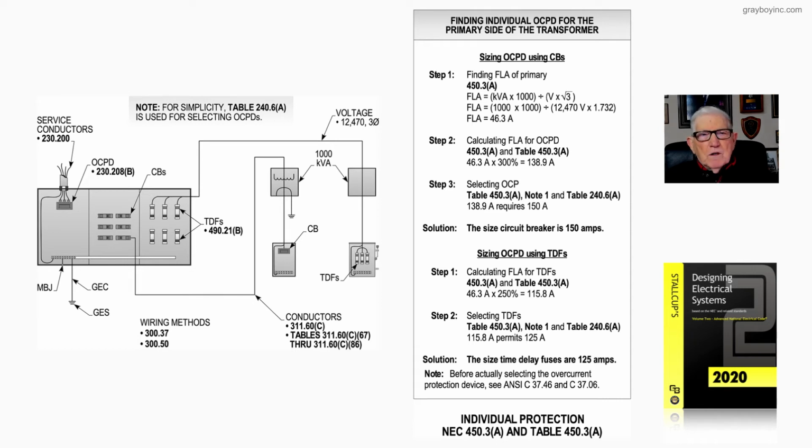So step 1, we want to find the full load current rating of the transformer by taking kVA times 1,000 to get rid of the K, divided by the voltage times the square root of 3, so we would apply that. 12,470 times 1.732.